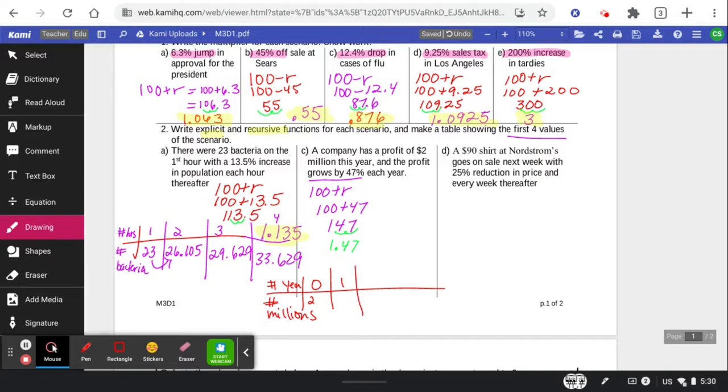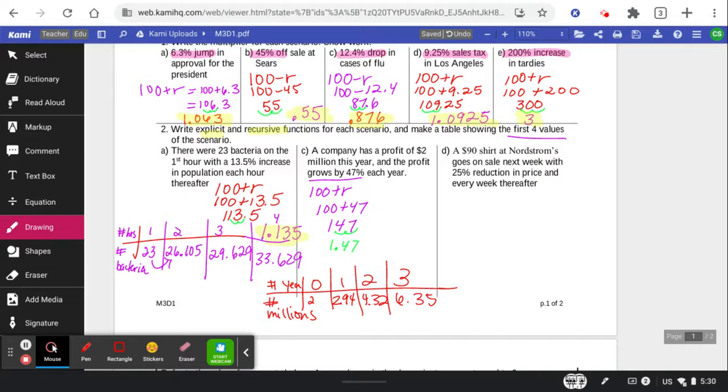So 2 million times 1.47, 2 times 1.47 is 2.94 million, times 1.47 again is 4.32 million, times 1.47 again, 6.35 million. And that is my first 4 terms because we had a 0 term in this one. How'd you do? Pause the video, try the next one.